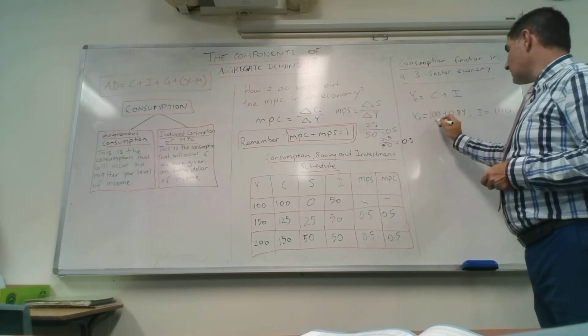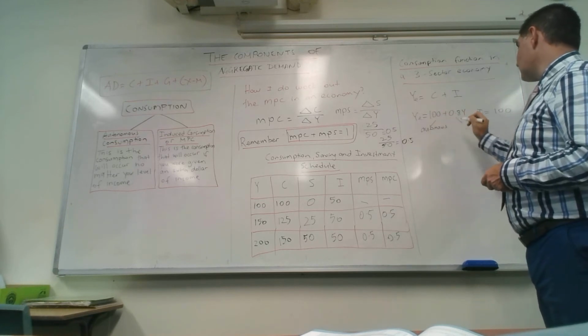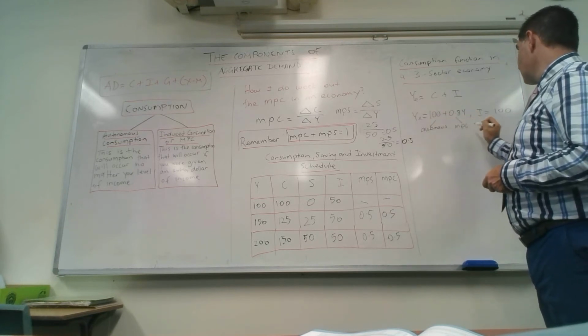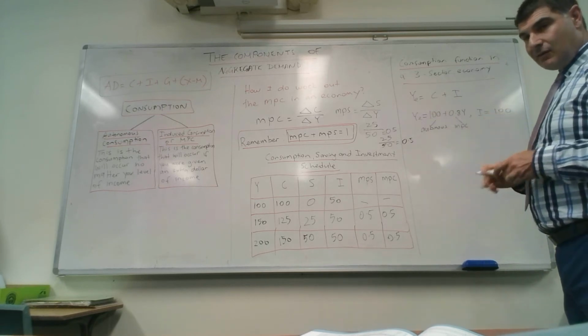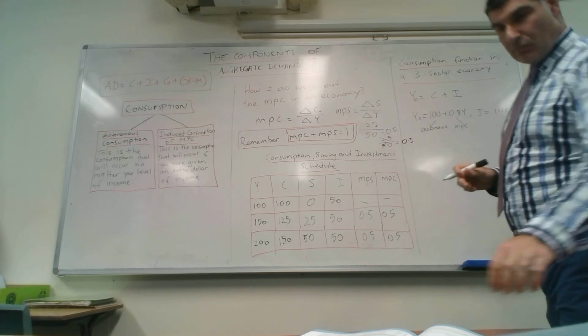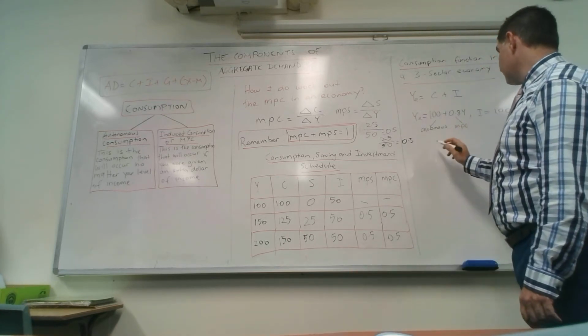The reason is this 100 is autonomous, you're going to spend it no matter what, and this one here is your MPC. And we're saying investment is constant at 100. Now, this is some really basic mathematics. So this is how we do it.